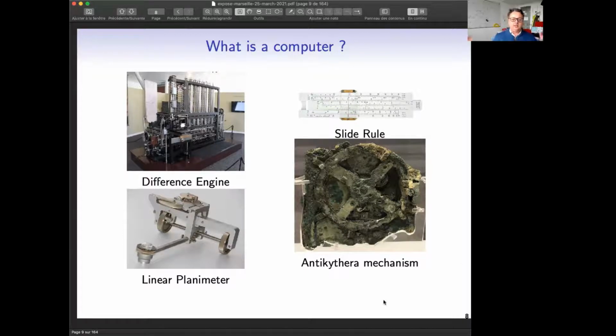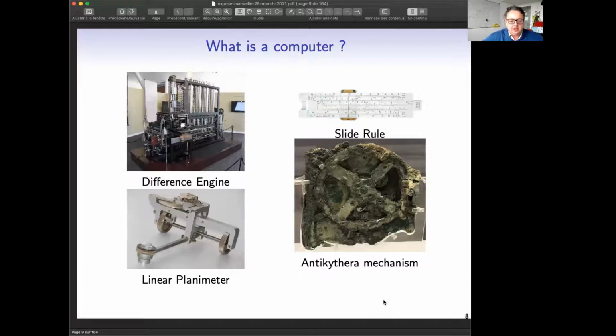And there are even some computers that we found under the sea, for which during decades we were wondering what they were used for. This is the example of the Antikythera mechanism, which was quoted as an open problem about what this computer was used for.